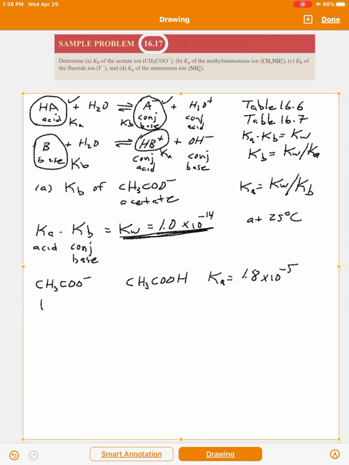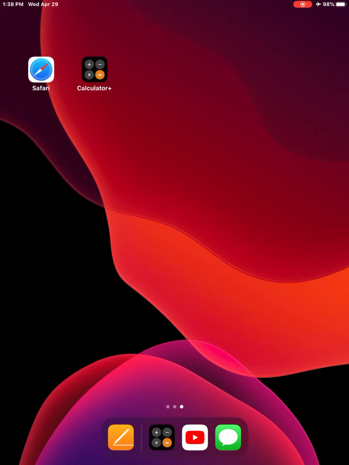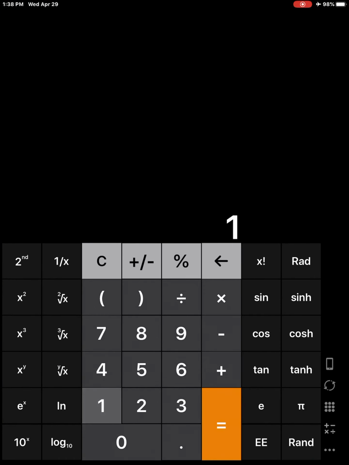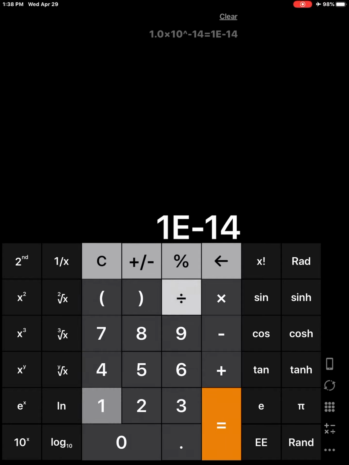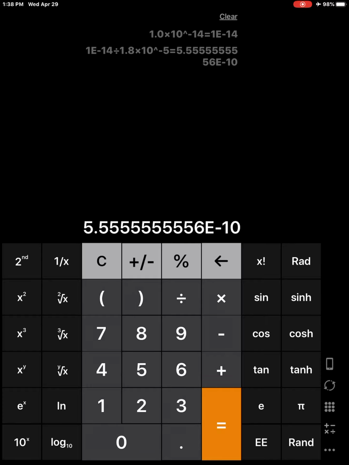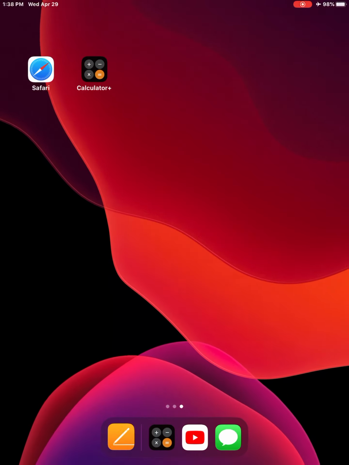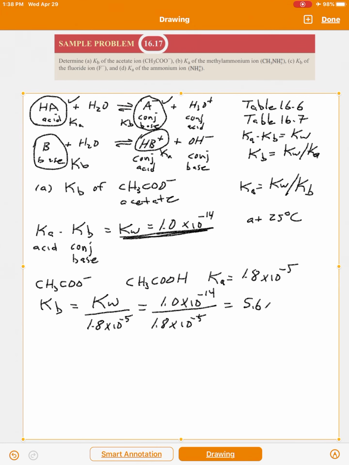So the Kb for acetate is Kw over 1.8 times 10 to the minus 5, which is 1.0 times 10 to the negative 14 divided by 1.8 times 10 to the minus 5, and we get 5.6 times 10 to the negative 10. There's our answer for part A.